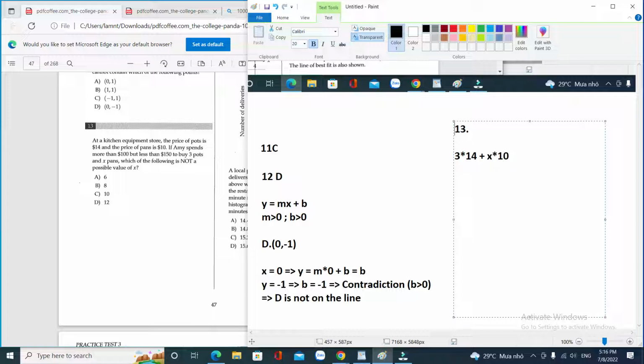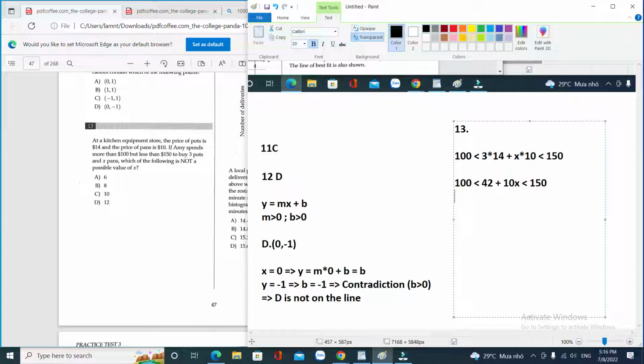This is more than 100 and less than 150. So we have the two-sided inequality: 100 is less than 120 plus 10x, which is less than 150.